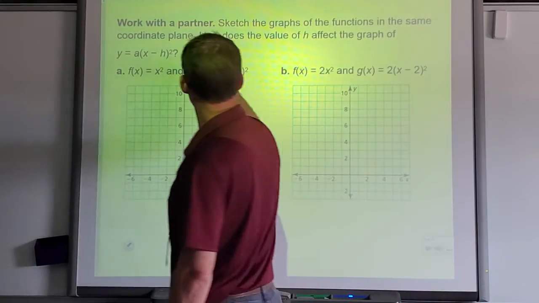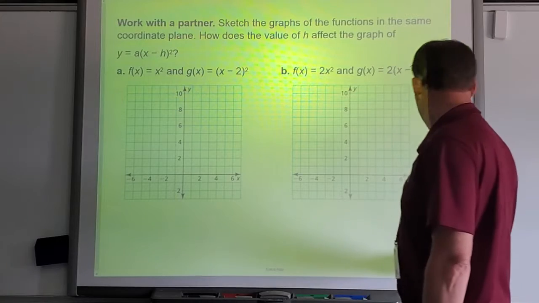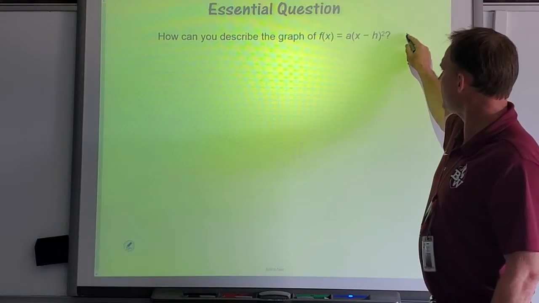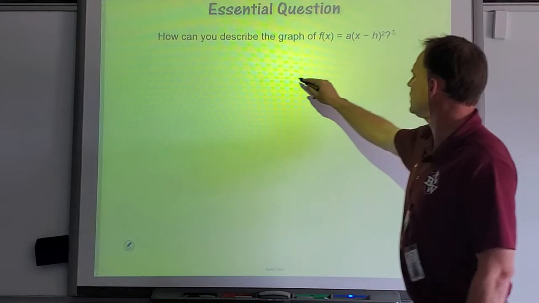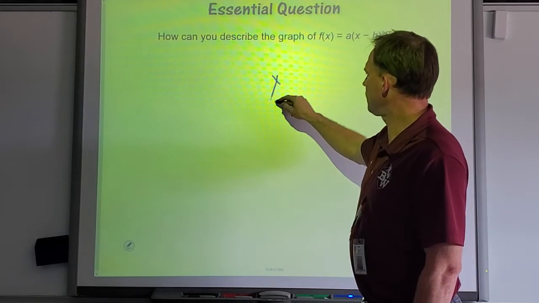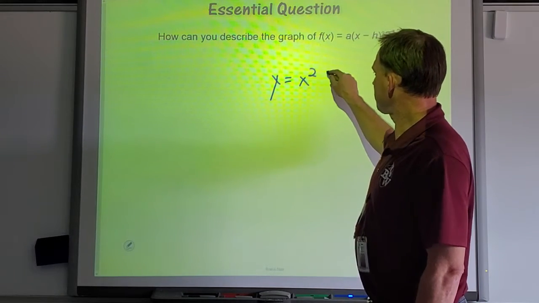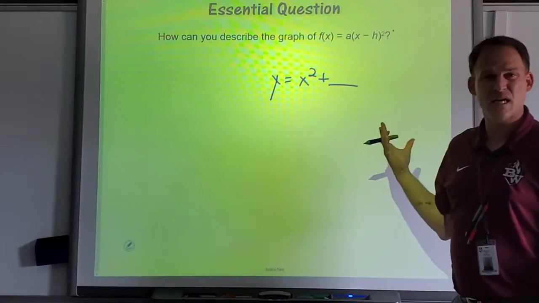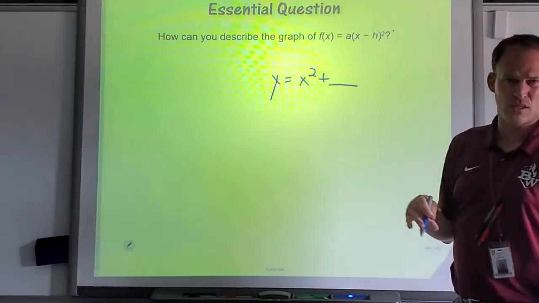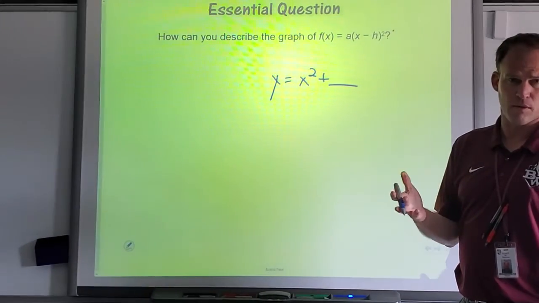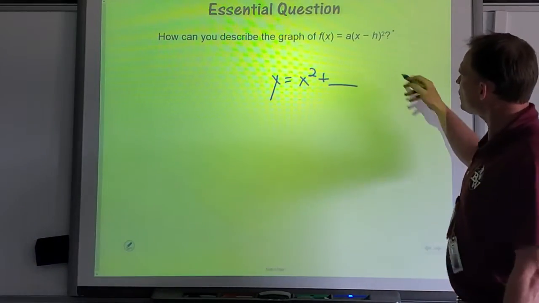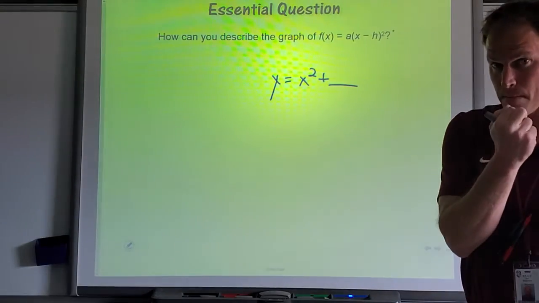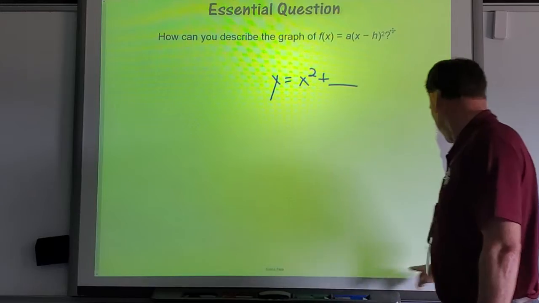We know if I put a number out here, outside, what is that going to do? If I put a number out here, what does that do to our parabola? Yeah, so what do you think if I put a number in the parentheses? What do you think that's going to do to our parabola? All right, let's find out.